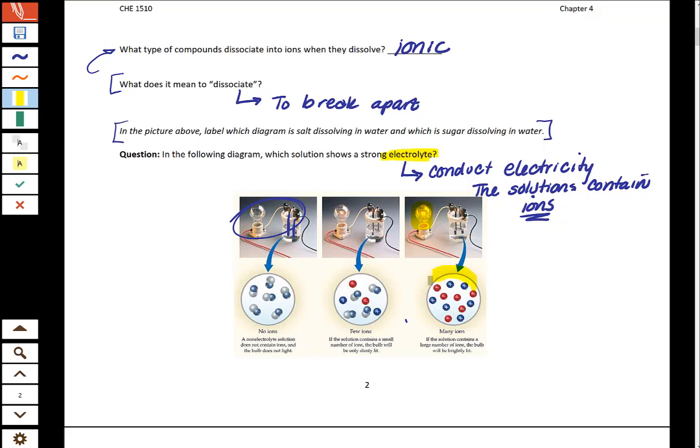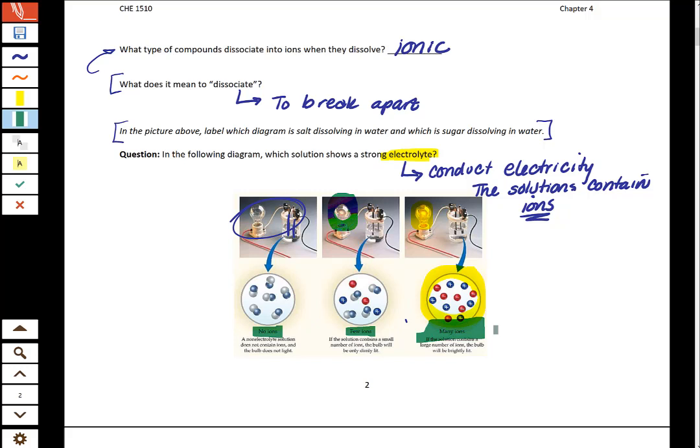And if we look down here at what that solution is, what is in that solution, what we see in comparison is we have no ions, to a handful of ions, which means we have some lighting up of that light bulb, to many ions, and then electricity is really successfully conducted.